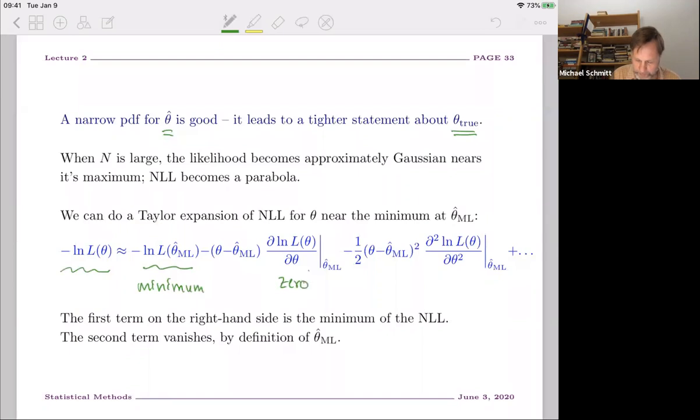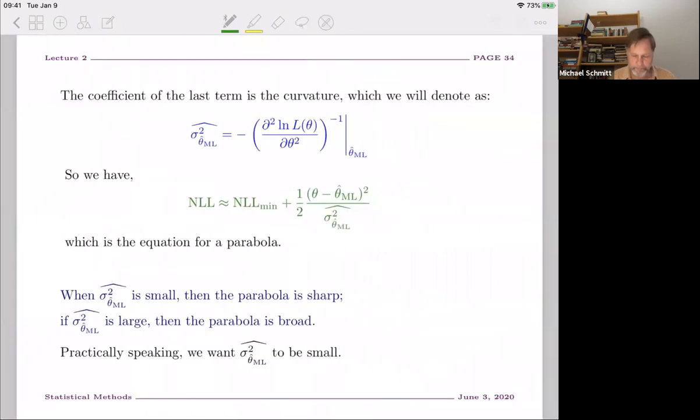Why is it 0? Because that's how we define the value of our estimator in the first place, is we want the minimum of this function, so the first derivative vanishes there. And then that leaves us this quadratic or second order term for theta. Okay? So this second term is the curvature, all right?